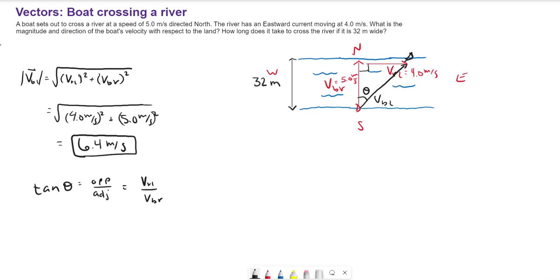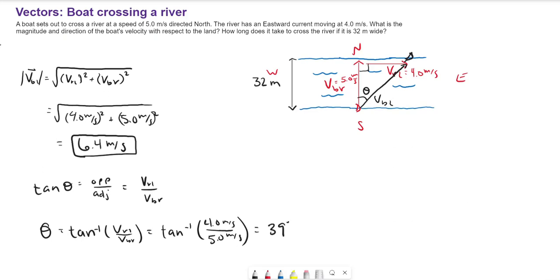Now, we want to solve for the angle, so we have to use the inverse tangent. So inverse tangent of VRL over VBR. That is the inverse tangent of 4 meters per second over 5 meters per second. And this is going to give us an angle of 39 degrees. So this is the magnitude and direction of our velocity vector.